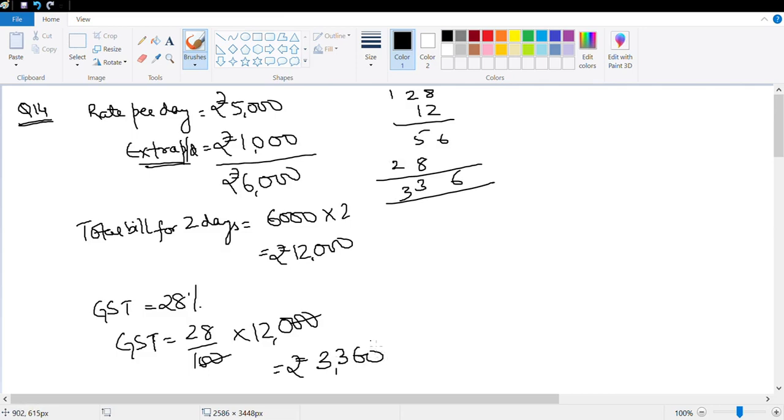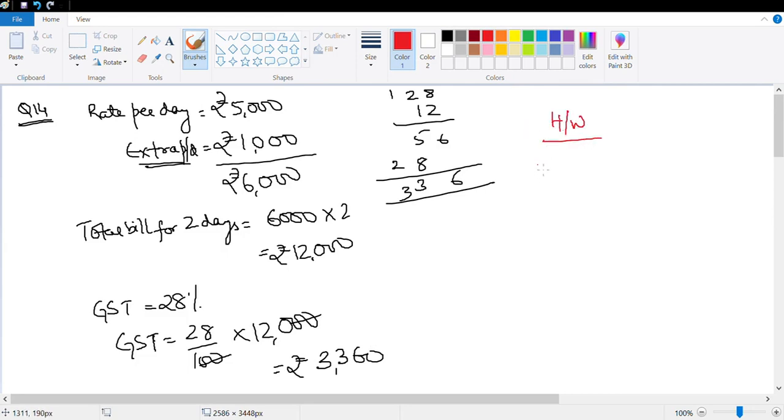Is this calculation correct? Let me just check once. 3360. Yes, that's the correct calculation. What do we need to calculate? How much GST? So they don't want the final bill amount, they just want the GST amount.